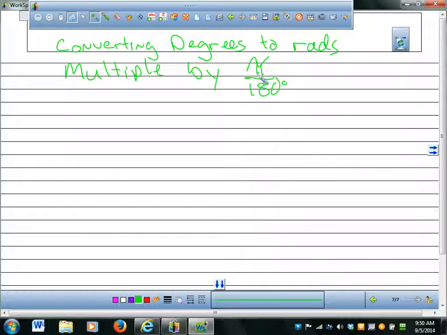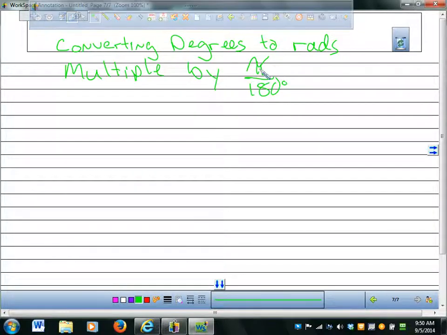So all you have to do is multiply. This is an equivalent conversion fact, so pi radians over 180 degrees is equal to 1, right? So say, for example, what's 135 degrees in radians?